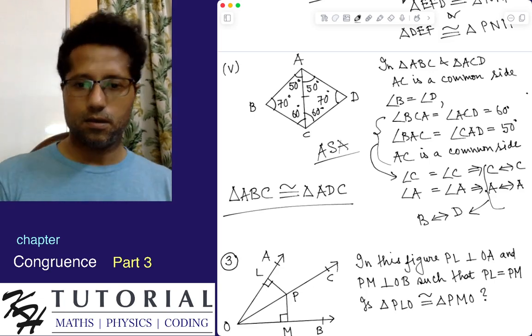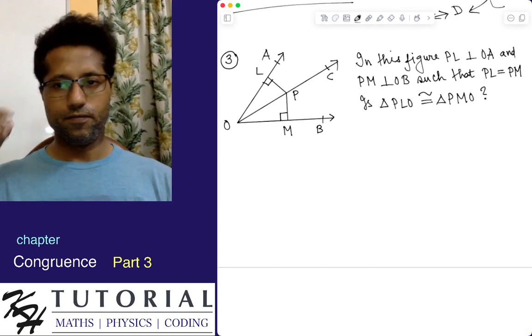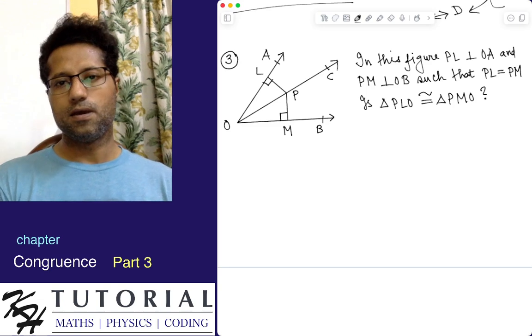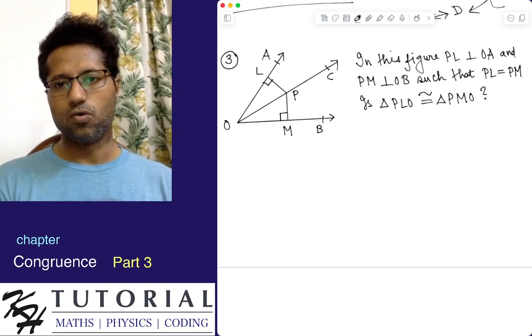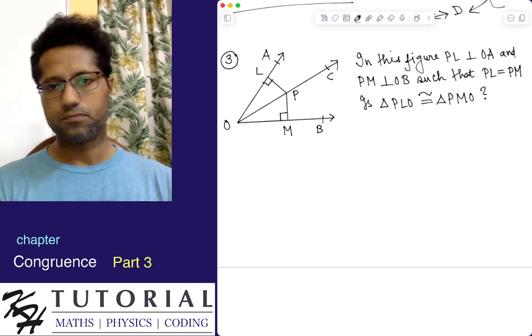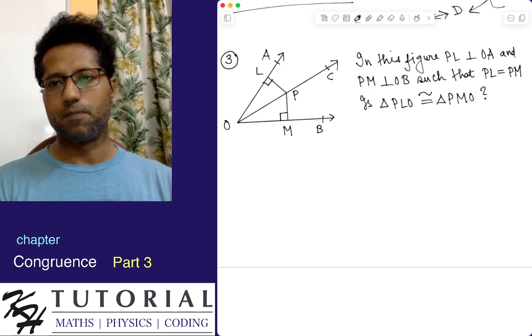Okay, let's do problem number 3. So we are given a figure. We can see that there is a ray OA and the ray OB. They have a common point O. There is another ray OC. So the rays OA, OC and OB have a common point O. And we see that PL is perpendicular to OA.